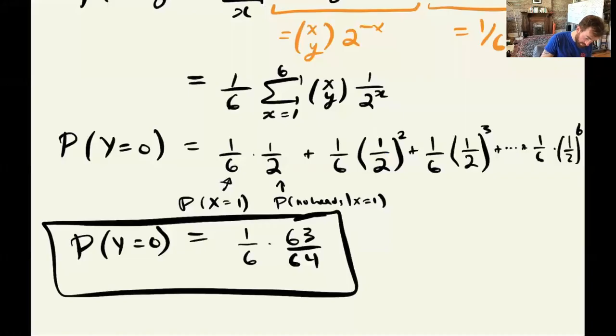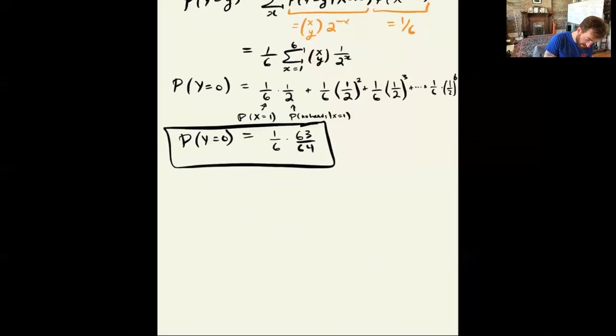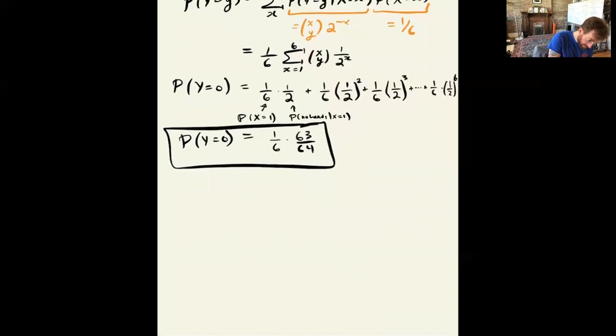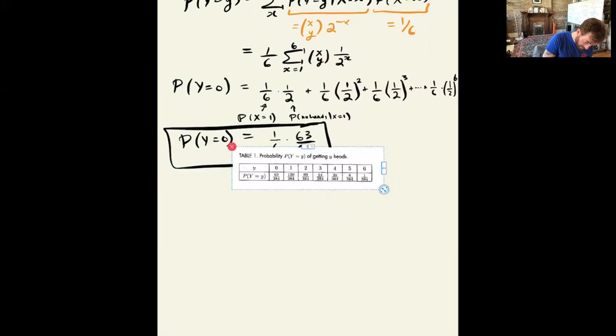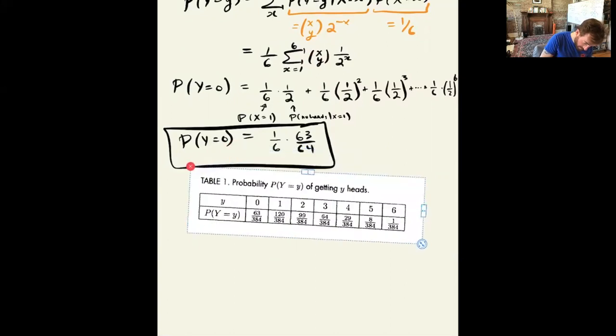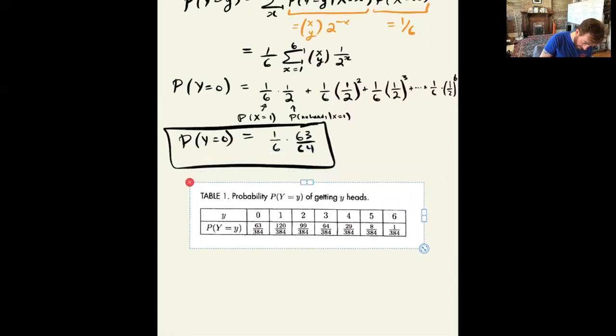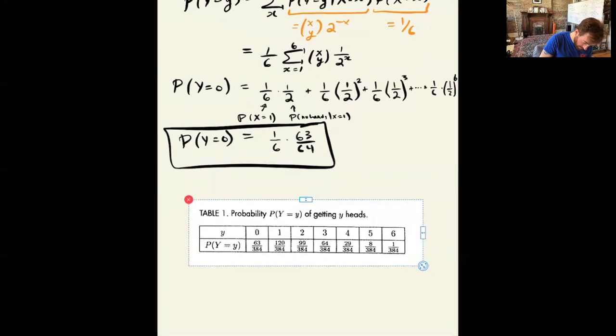I'm just going to go ahead and bring this into our notebook over here. So now I can say something about what's happening in general.